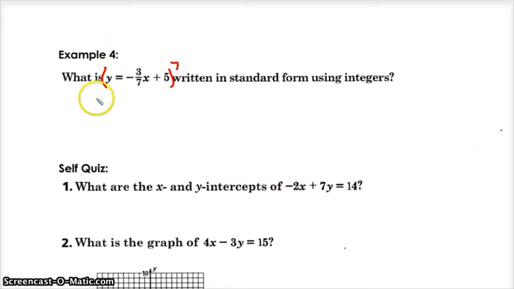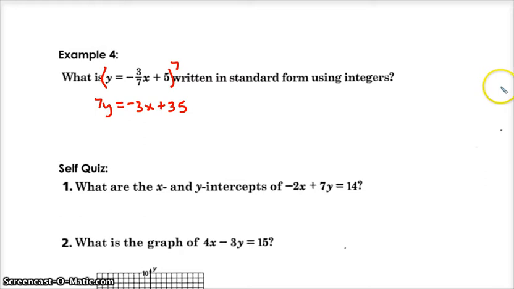Here's how it'll look. 7y equals, now 7 times 3 is 21, divided by 7 is 3, so that's negative 3x, plus 7 times 5 is 35.